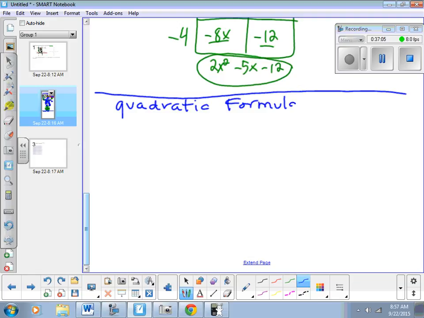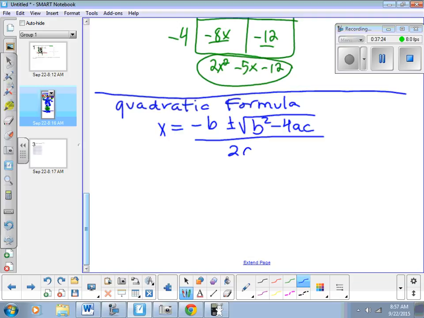And this is on your graph paper that I gave you guys. X is equal to negative b plus or minus square root of b squared minus 4ac all over 2a. If that is incorrect in any way, I'll have to go back and double check it, but I'm almost positive that that's the correct formula.